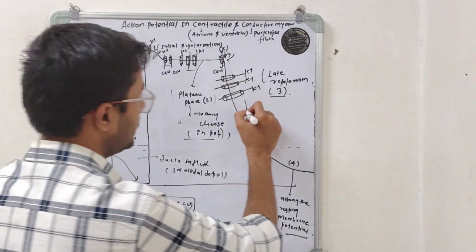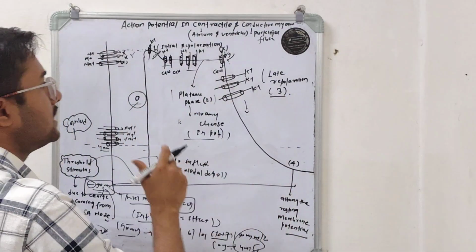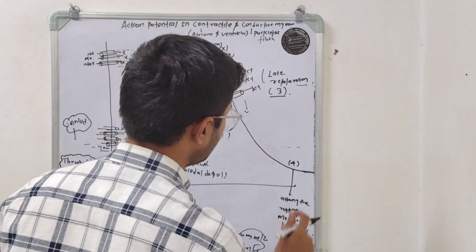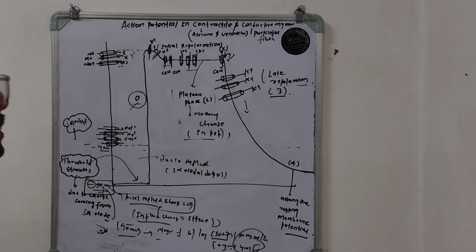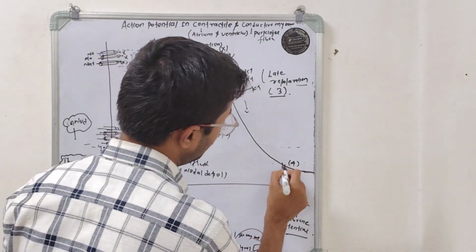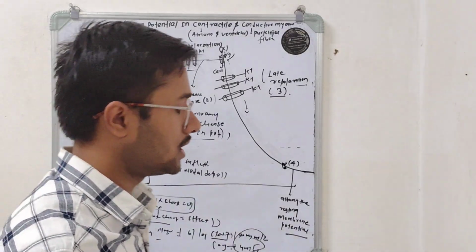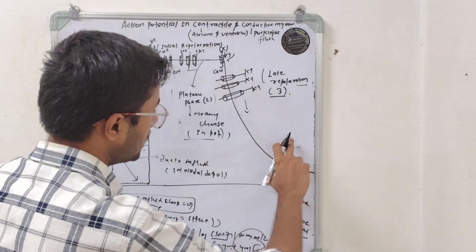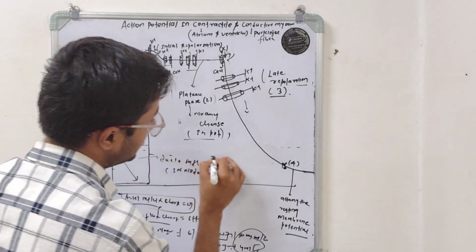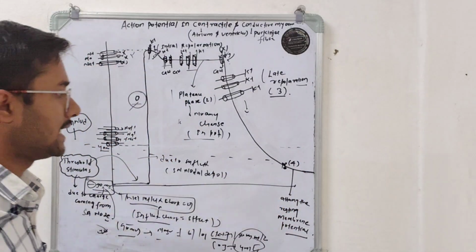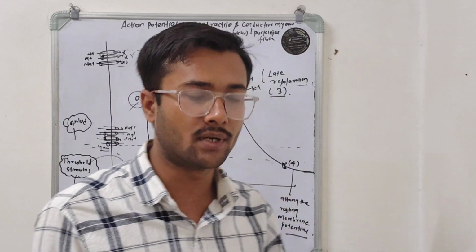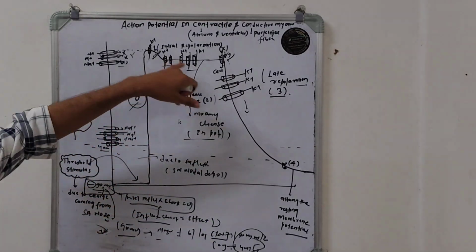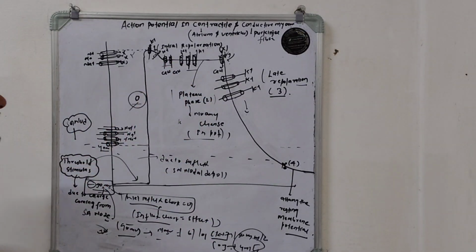This change is represented by the rapid repolarization of phase 3. After achieving the resting membrane potential, there is the closing of potassium channels and the cell is at a resting membrane state.